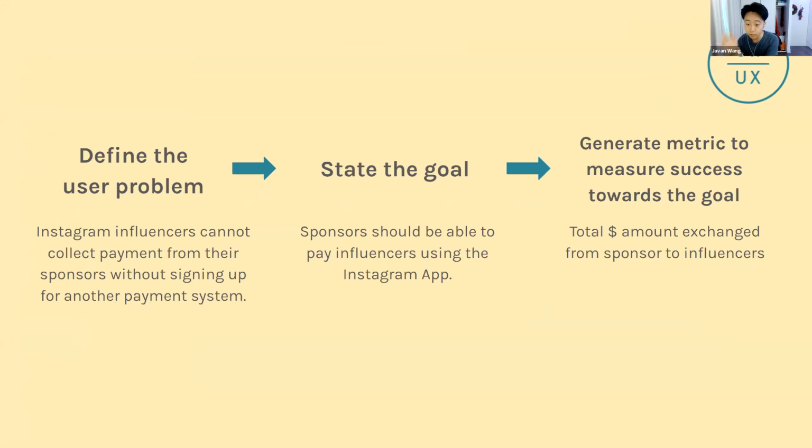Other sponsors may want a quantity over quality approach. Because of those two varying strategies, you don't want to punish the ones that are only investing in a few specific strategic influencers. So why is total amount good? Because it incorporates sponsors who are looking for a few influencers and sponsors who are looking for a lot of influencers.